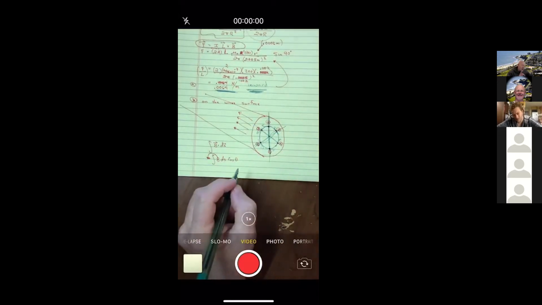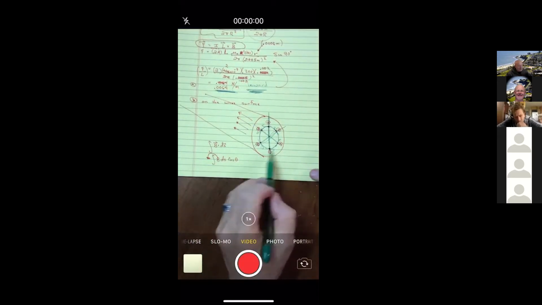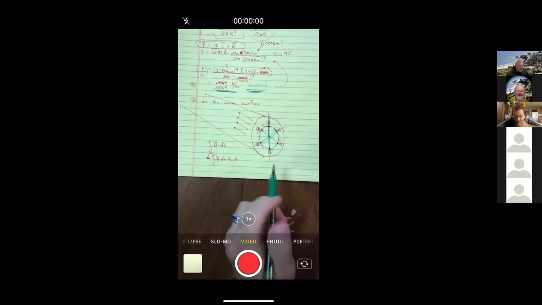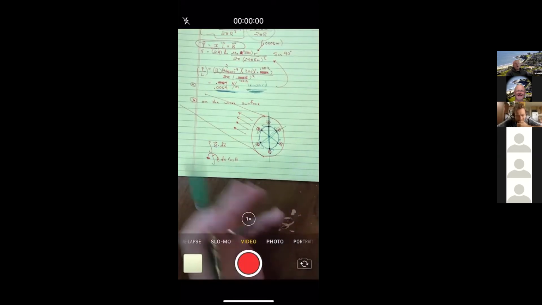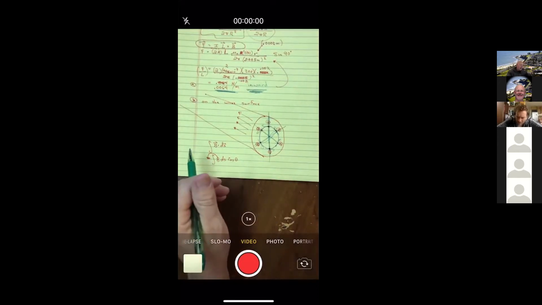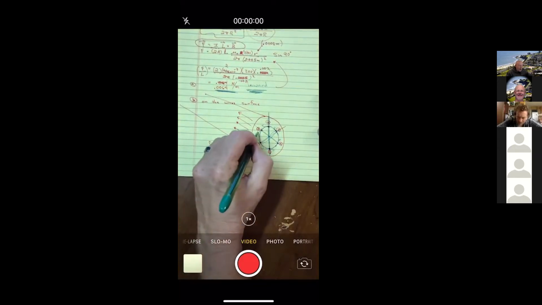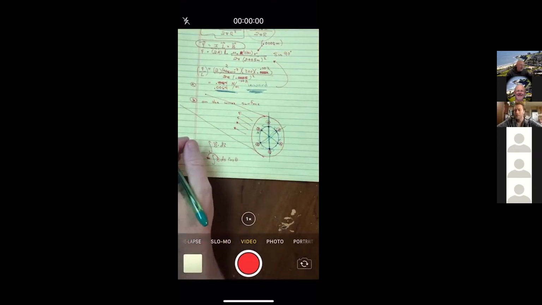And of course, there's one more step, because at this point, I don't know if it is in a clockwise direction or a counterclockwise direction. But here's where I'm going to take advantage of what we had done with Biot-Savart. And of course, this is just a human definition.